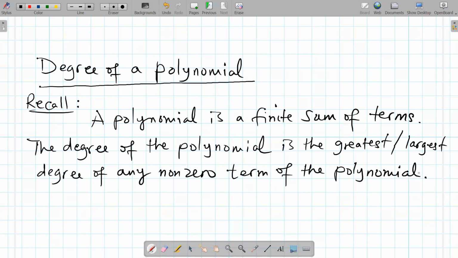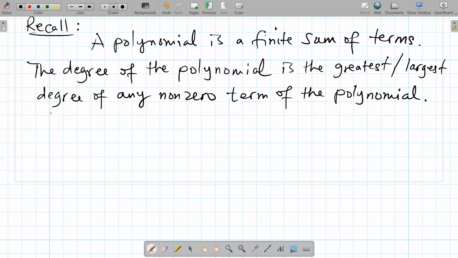Okay. So because we know that a polynomial is made up of what? Terms. What we're going to do is we have to look at individual terms and their degrees. The largest of them will represent the polynomial.